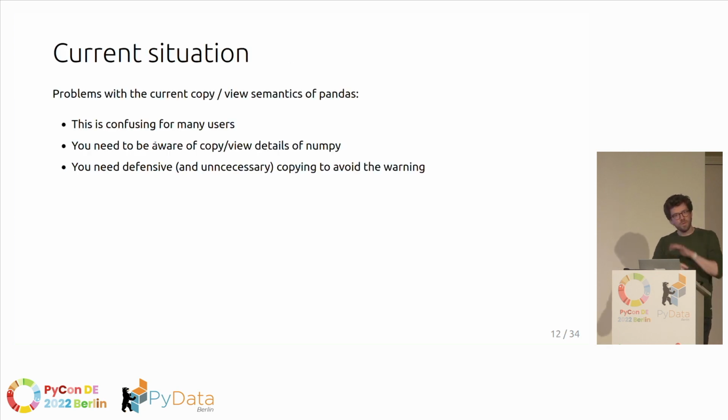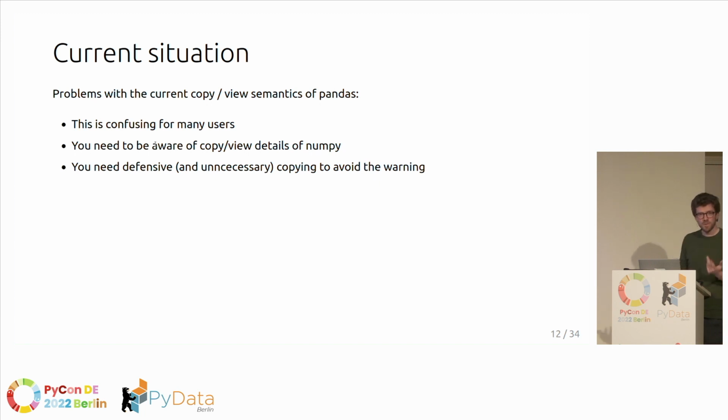So, a few examples to illustrate this, and I think the problem with this is that it's quite confusing. It's difficult to understand or to predict which of the two will happen. You get this warning that confuses people. And to be sure, I only took a few simple examples. I could have made it harder with more corner cases.